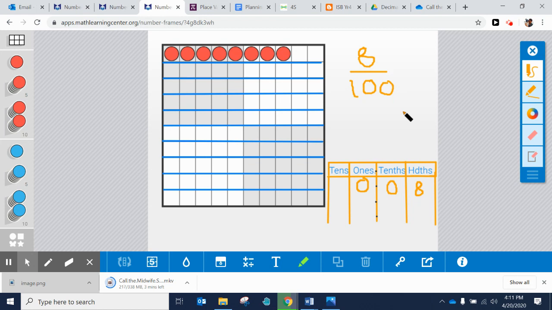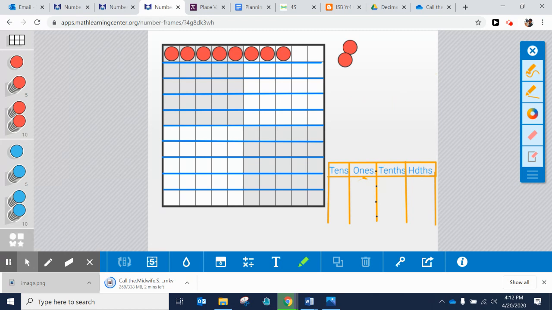But if we wanted to count in halves, we'd go 1, 1.5, 2, 2.5, 3. So fractions and decimals do exactly the same thing, but they look different. So 8 hundredths is the same as 0.08.